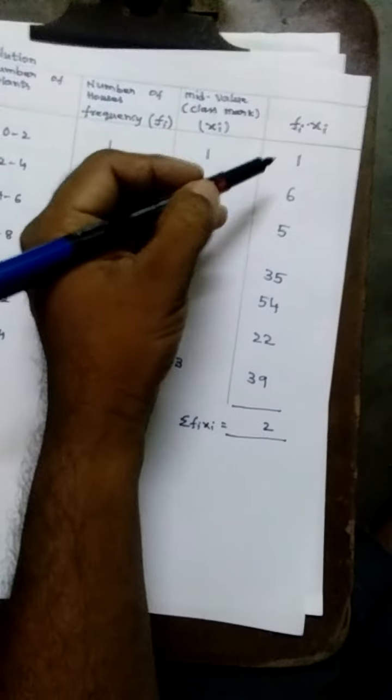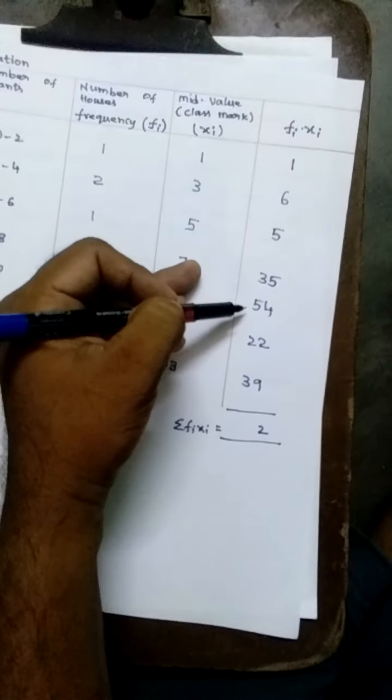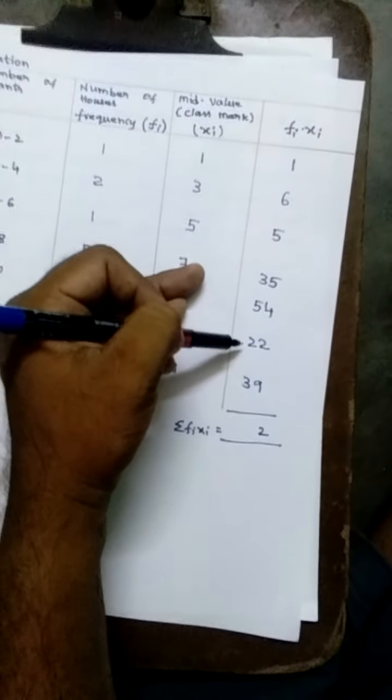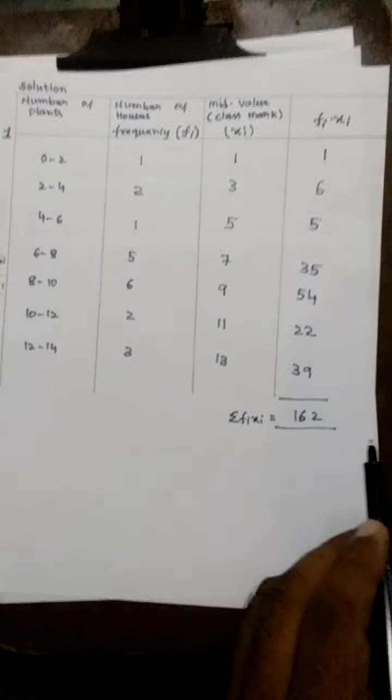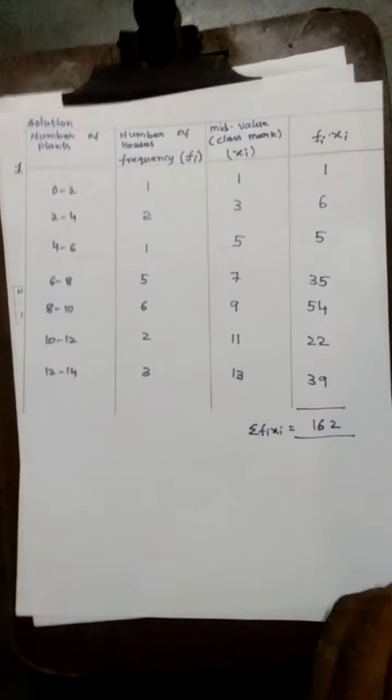So 3 is the remainder. 3 plus 3 is 6. 6 plus 5 is 11. 11 plus 2 is 13. 13 plus 3 is 16. So 162. Sigma fi xi, that is the total of fi xi values, is 162.